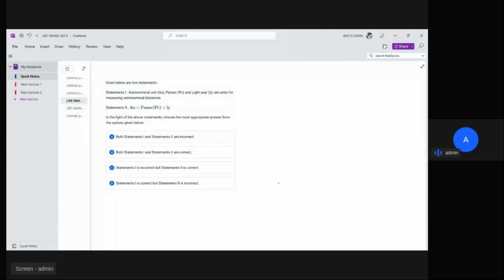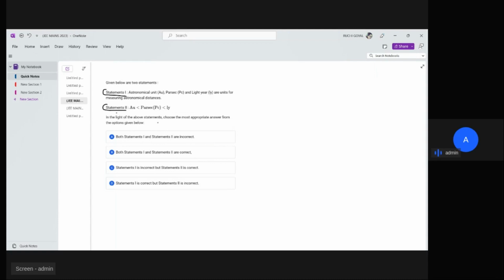Given below are two statements. So here two statements are given to us. This is statement 1 and this is statement 2. Statement 1: astronomical unit AU, parsec PC, and light year LY are the units for measuring astronomical distances. In the second, AU is less than parsec, parsec is less than light year.